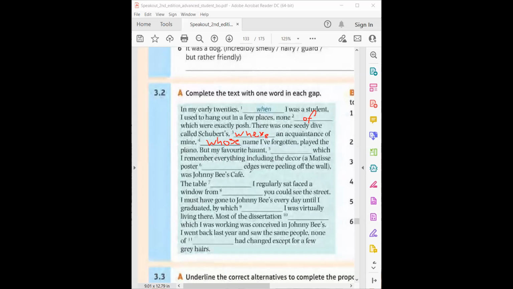This poster was aged. Can you read it for me? Hello, can you hear me? Yeah, we can. We're peeling off the wall. Was Johnny P's cafe.